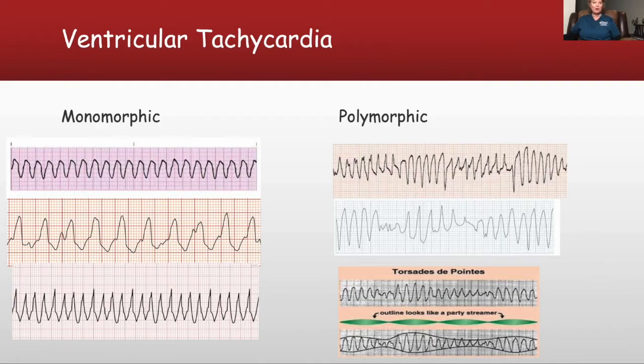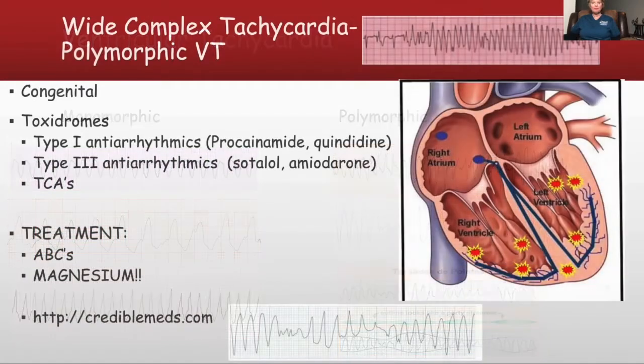Polymorphic wide complex tachycardia is treated totally different. And like adults, when you see that, the first thing you think about is magnesium. In polymorphic ventricular tachycardia, the mechanism is often something that has caused a prolonged QT.